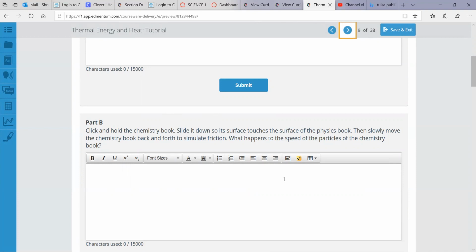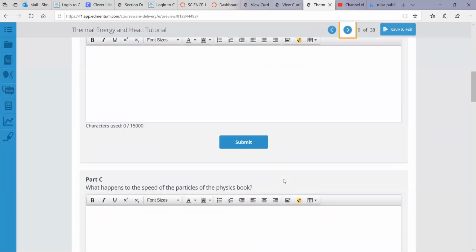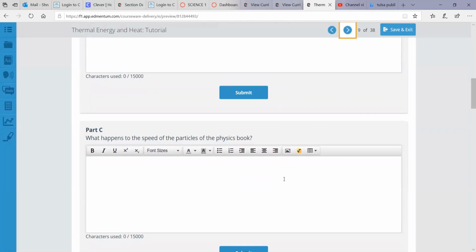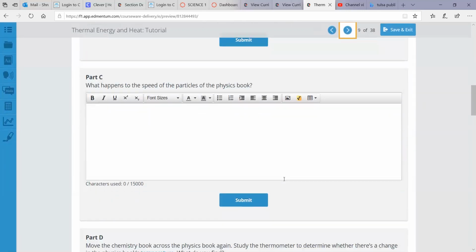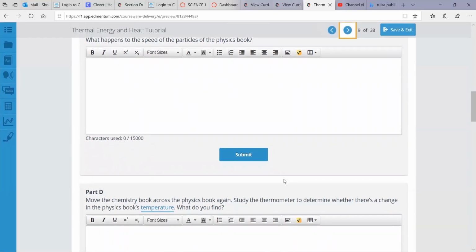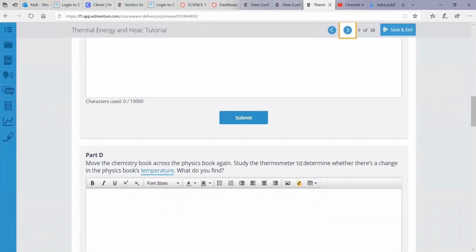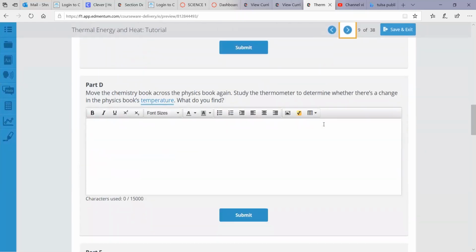So what do you notice when you do this in the simulation? What happens to the speed of the particles of the other book, the physics book? Move the chemistry book across the physics book again. Study the thermometer to determine whether there's a change in the physics book's temperature. Well, what do you find?